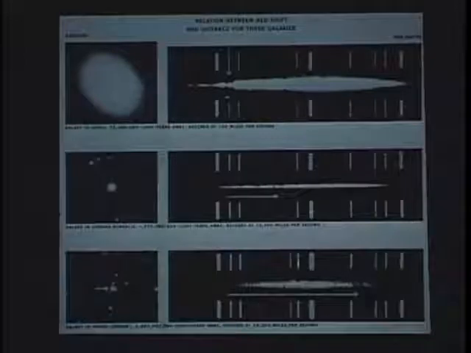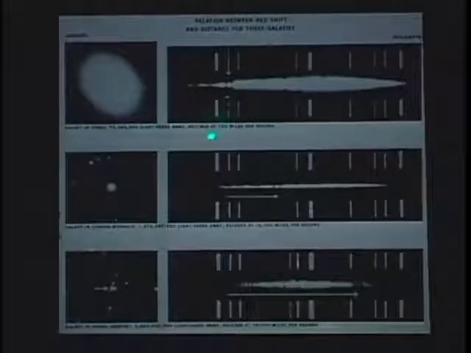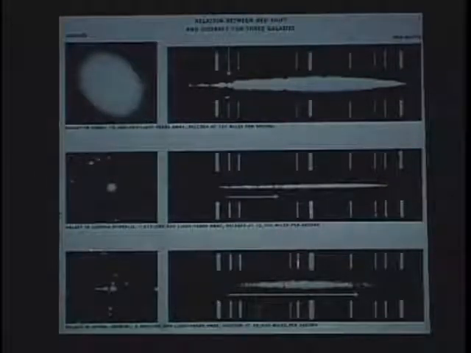The other one is the calcium H absorption line. H has nothing to do with hydrogen. It has been shifted over the distance indicated by this small arrow. If you measure the velocity, you find 1150 kilometers per second, and using today's value of Hubble's constant, this object is 52 million light years away from us.